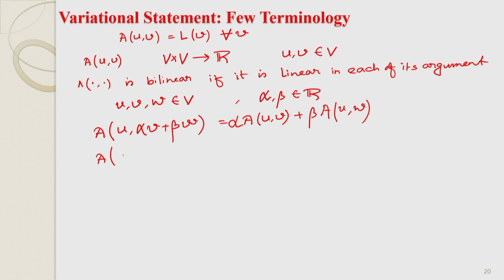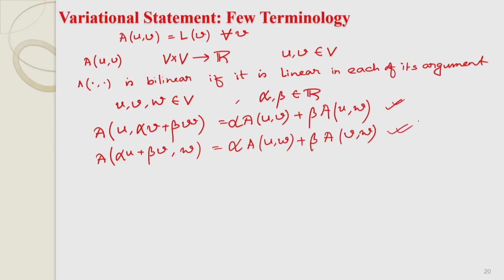Similarly, it is linear in the first argument also. So, we can tell this operator A is bilinear if both these conditions are satisfied.